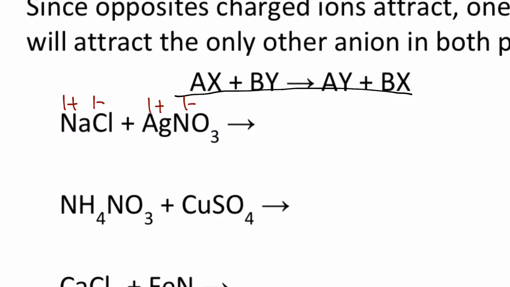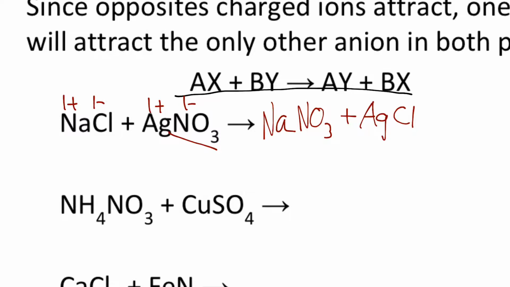So the sodium is now going to be paired up with the other ion that's the opposite charge, and that would be the nitrate. Likewise, the silver ion will pair with the chloride ion. In doing so, they have to pair together in the correct ratio in which crossing the charges would occur. Since all of these are 1, all of the subscripts would not be drawn as 1. Remember, nitrate is one object.